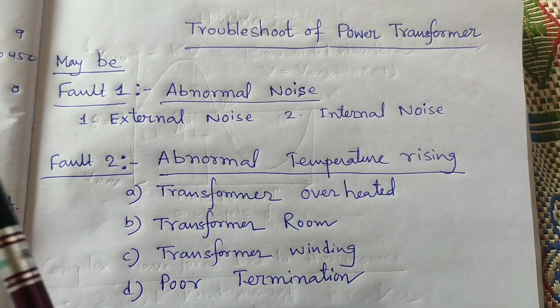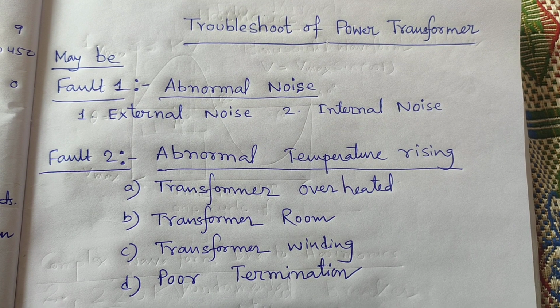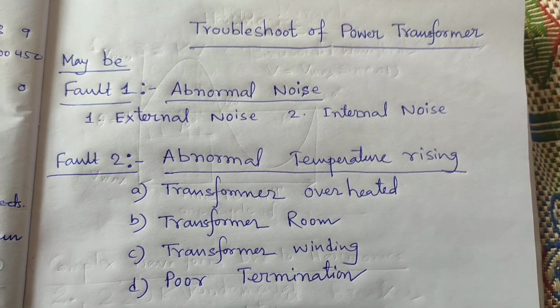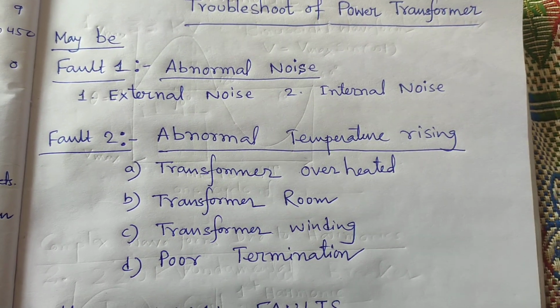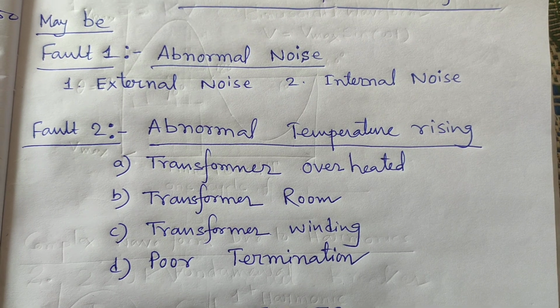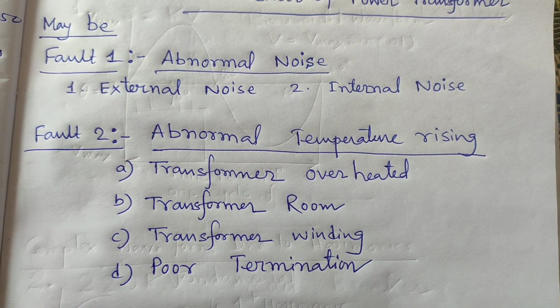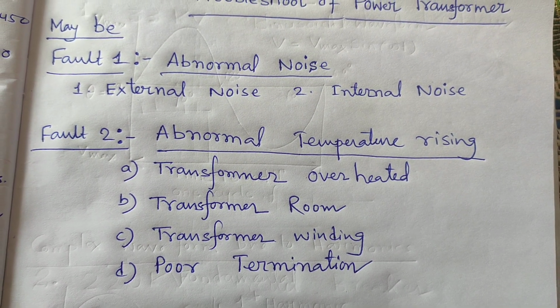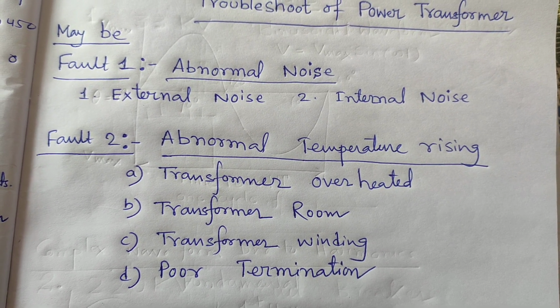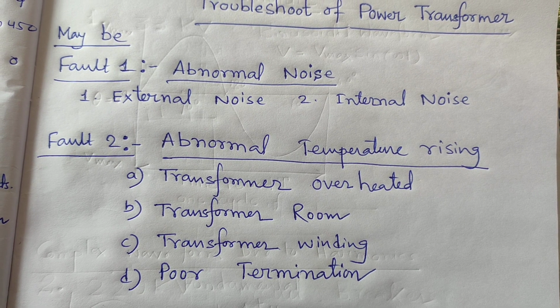Internal noise: if the internal noise has increased, that means the transformer's humming sound is abnormal, then we have to switch off the transformer, and accordingly we have to inspect the transformer with the help of the testing department.